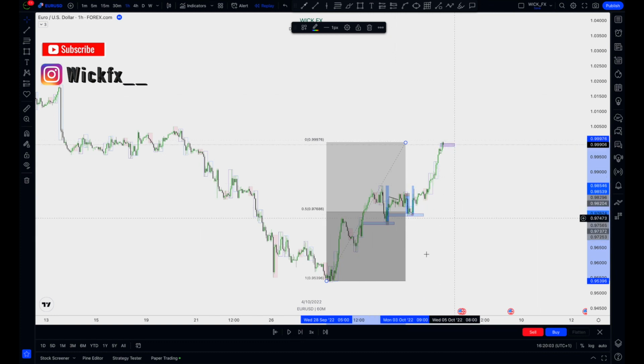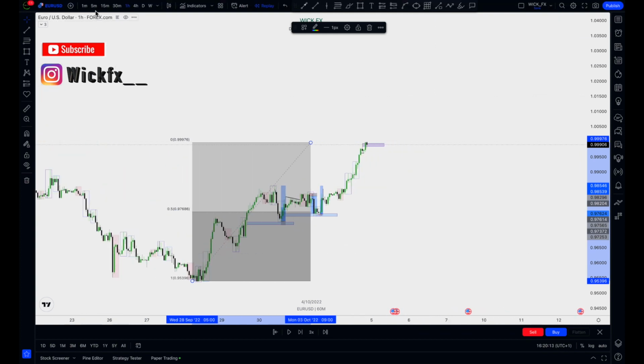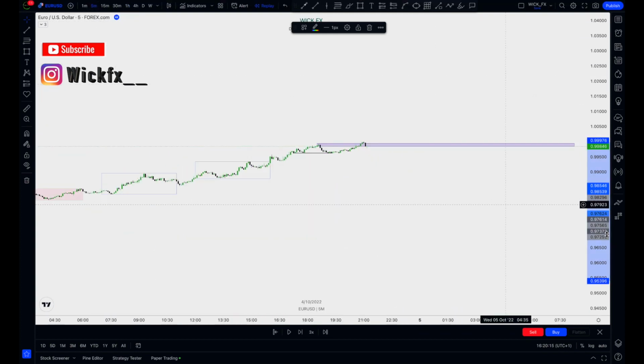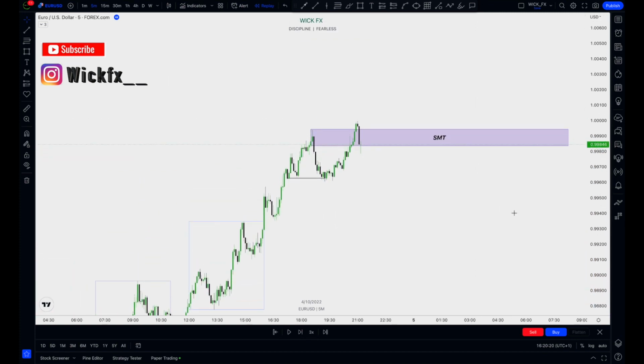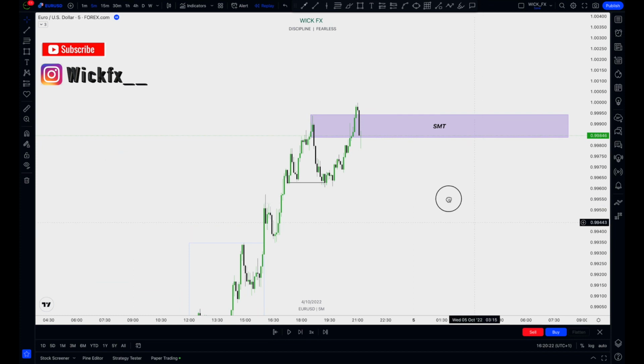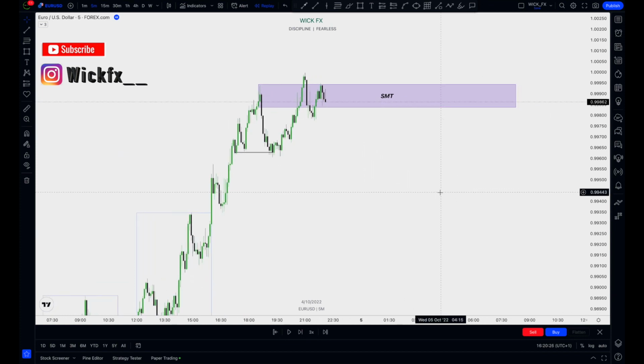If the price reacts from this buy, then we'll look for upside trades. Right now I have to take a sell trade in this direction, because the SMTs are already taken. Now I want a good break of structure to the downside so that I can take a trade, because validation is what I need.